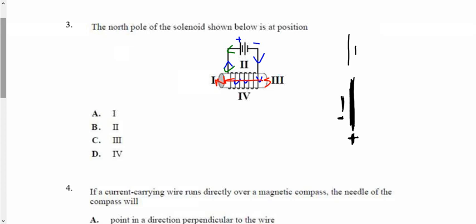It's the one with the longer vertical line in the actual symbol for a battery. Okay, does that make sense? So I don't know if that helps, but it helps me. And you guys are probably just better at remembering it, and you don't have to have a way of remembering it like I do. So we're looking for the North Pole, so the answer would be A for that.